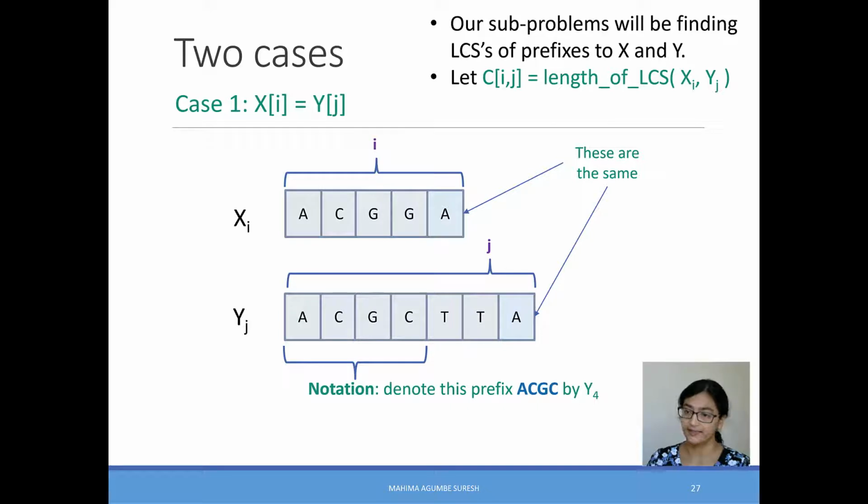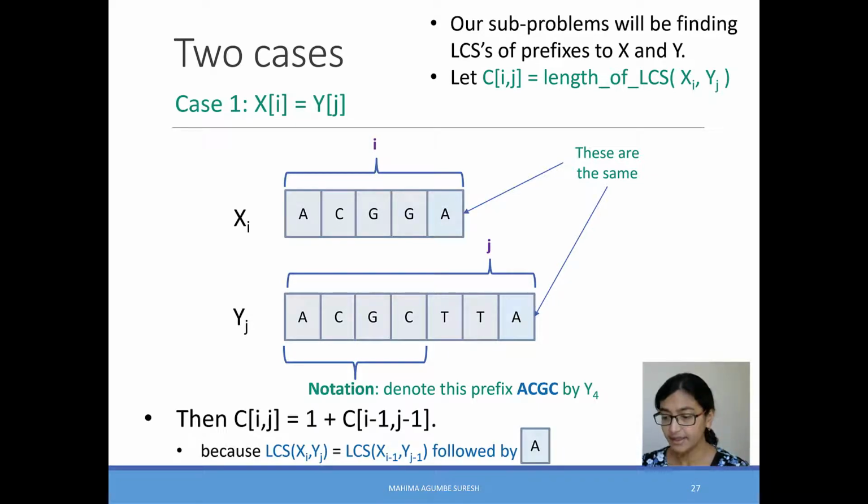Now there are two cases. Let's suppose that xi and yj are the same character. Now we can get the longest common subsequence of going from any of the previous steps that we have constructed to finding c of i comma j by adding 1 to whatever we had in c of i minus 1, j minus 1.